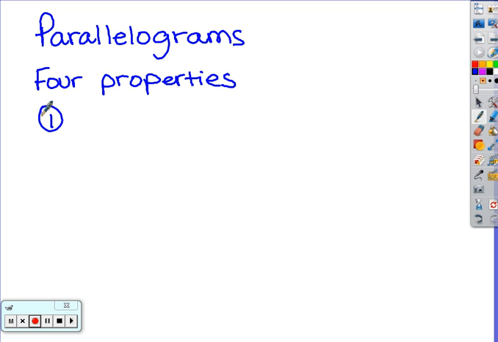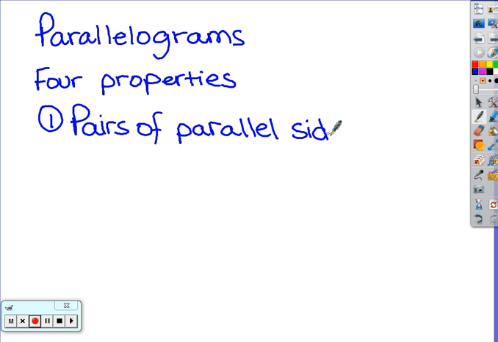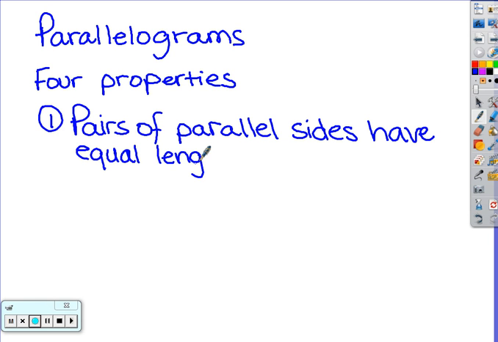Property number 1. Pairs of parallel sides have equal lengths. Number 2.